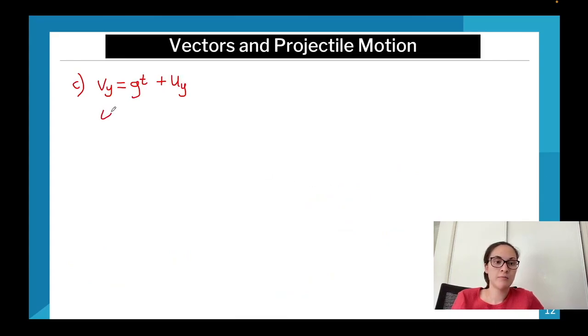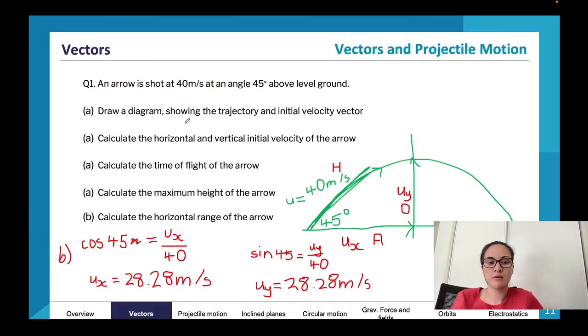So we're going to put 0 is equal to 9.8 times t plus Uy. Oh, and I just want to say as well, this is like an approximate value. I rounded that.